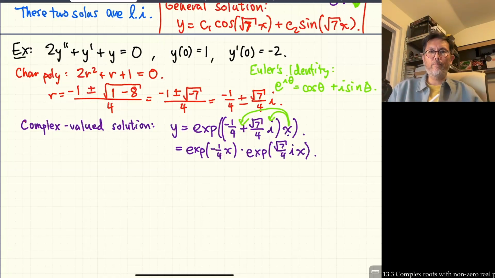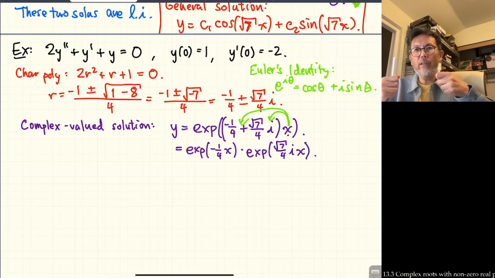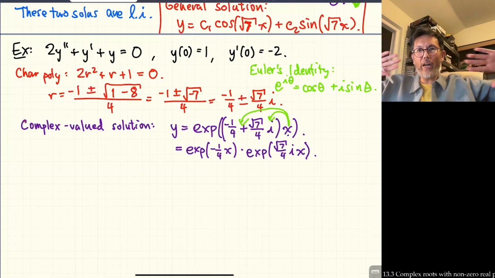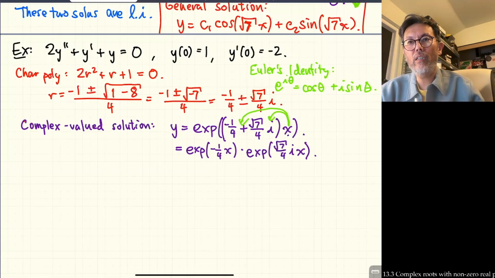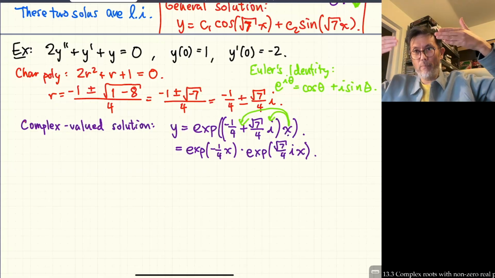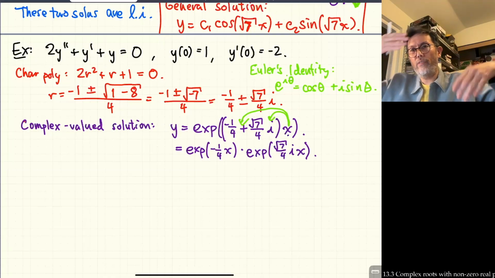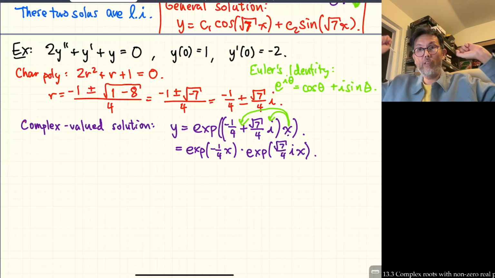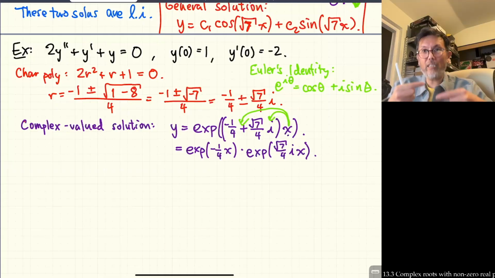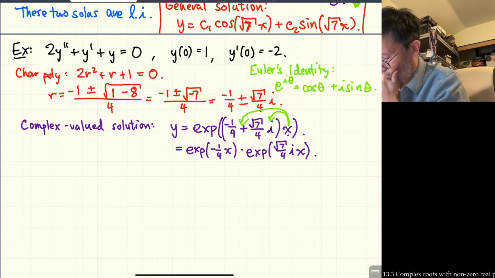Because remember, the exponential of a sum, exponential of a plus b, is the product of exponentials: e to the a times e to the b. So that's what's happening here.